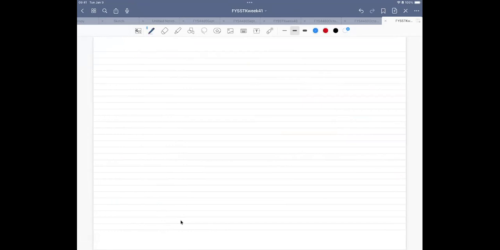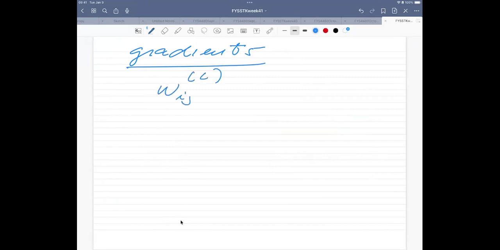We would then have the gradients and we would then have a Wij for the last layer, which is updated with Wij from the previous iteration minus eta times this delta J of L multiplied with AI of L minus 1.